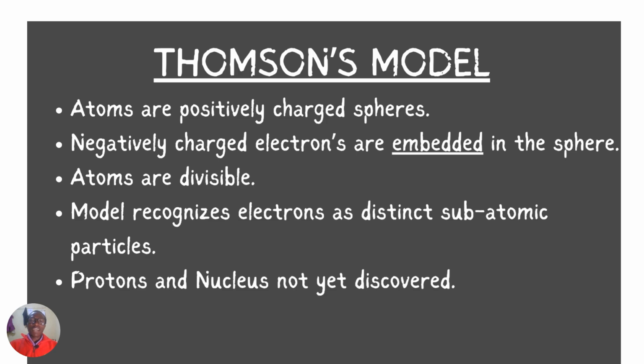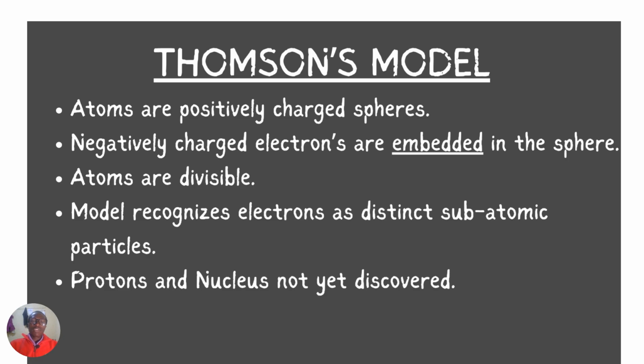During experiments, J.J. Thomson was able to discover that there are negatively charged particles inside the atom. And he put forward a model that says that the atom is a positively charged sphere, and then we have negatively charged electrons embedded within the sphere, just like raisins would be embedded in pudding. That's why it's called Thomson's plum pudding model.